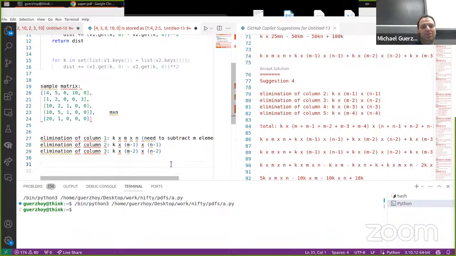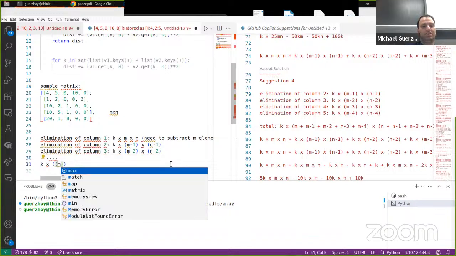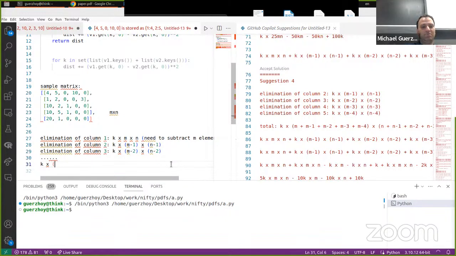So that's like that. Forget the k goes and so on. Right? So the k goes outside. And then this is n times m plus n minus 1 times n minus 1 plus n minus 2 times n minus 2 and so on.